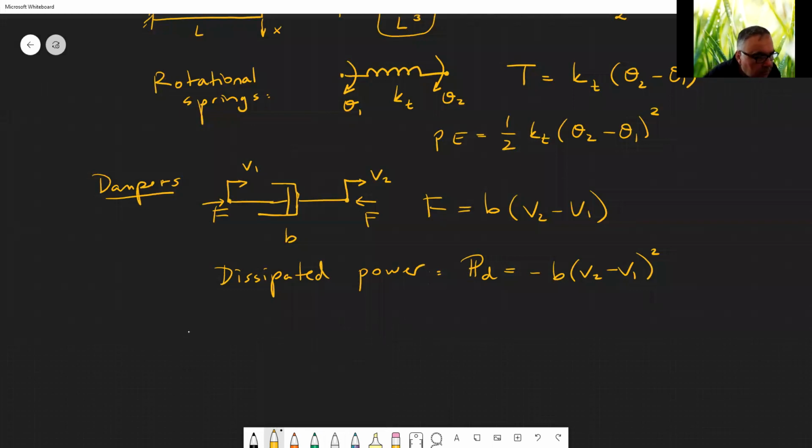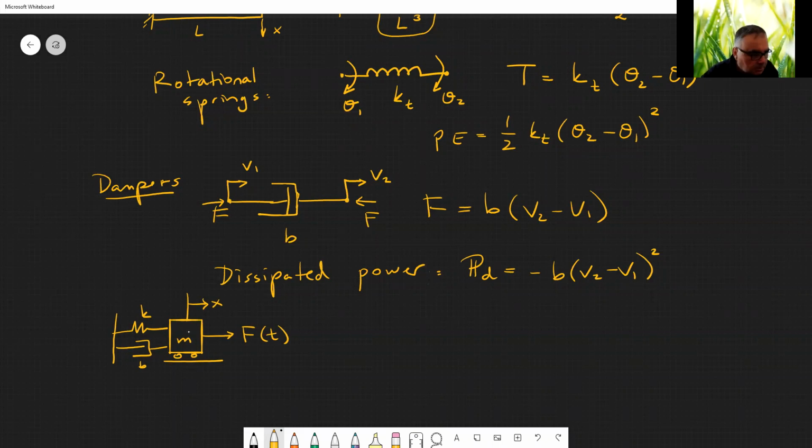So we get to our very basic mass spring damper system, this one, which is the standard system used in vibrations. Let's say this is f of t. Let's say this is x. The equation of motion is derived from Newton's law. There is this force here.